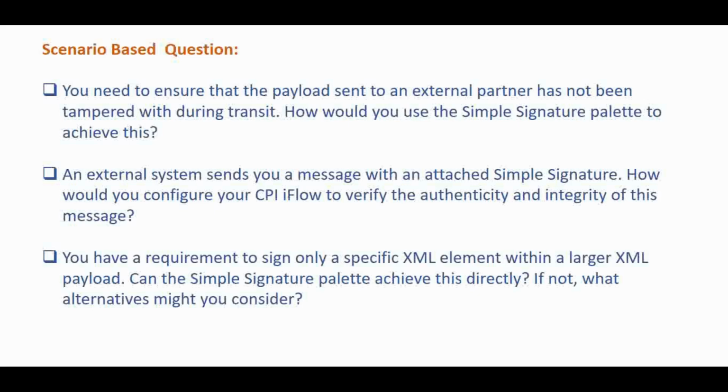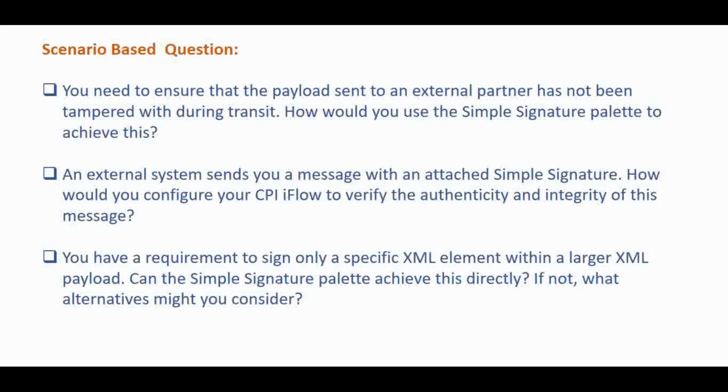You have a requirement to sign only a specific XML element or portion of a payload. How can you achieve this with a simple signature? Okay, I will give you a hint. In our process, we use the whole message, right?